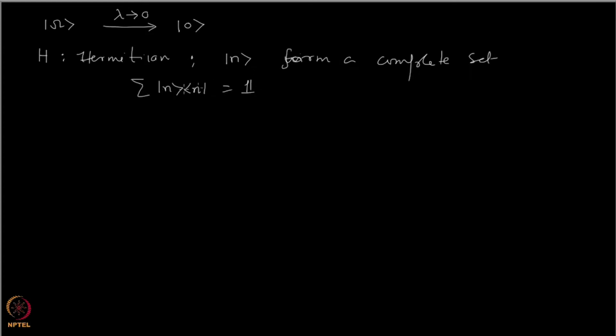Although I am denoting the sum with a sigma here, the states could have continuous labels. In that case, sigma will get replaced by an integral, and in fact there are states which are labeled continuously, but nevertheless I will express the completeness relation in this form.